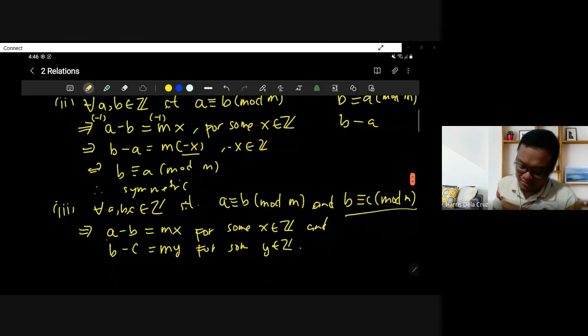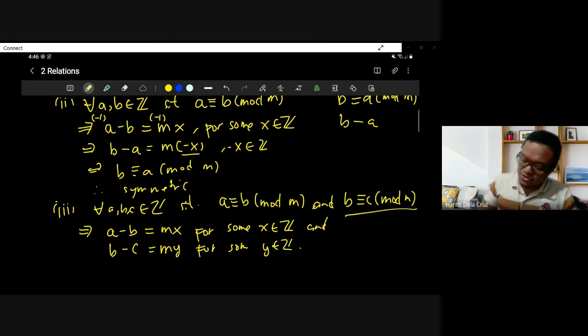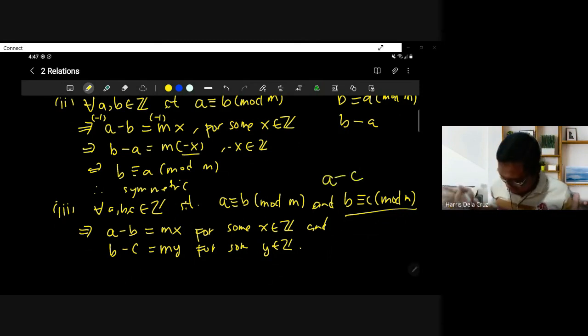Anong ibig sabihin ng dalawang equation? Lagi mong iisipin ahead, ano ba yung gusto mong ipakita? Ang gusto mong ipakita, yung A tsaka yung C yung magka-relate. So, kailangan magka-A minus C ako.